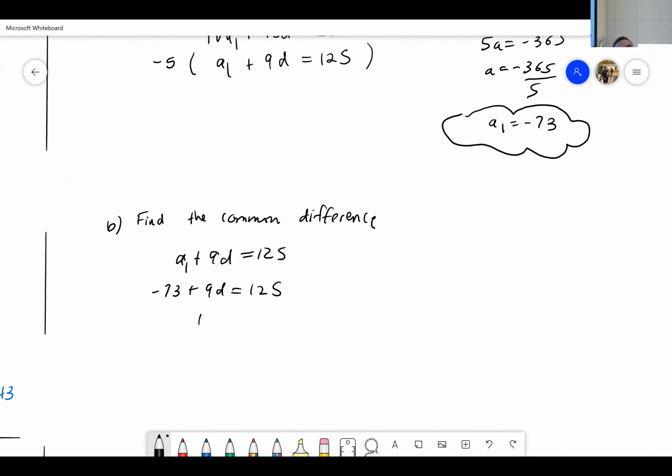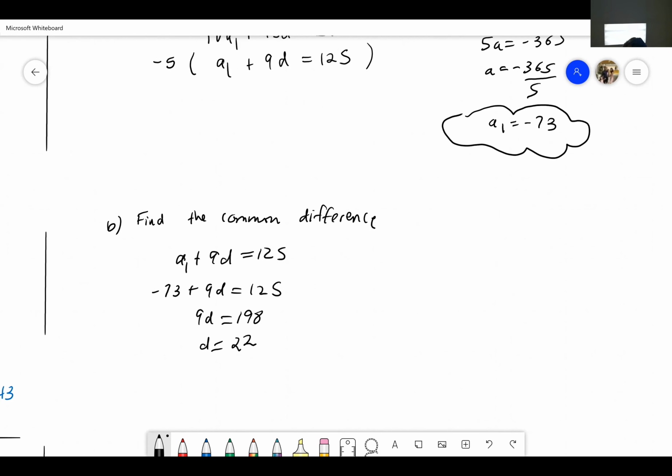I take 125 and add 73, which is 198. Then I take 198 and divide by 9, and I get 22. So the common difference is a positive 22. That's it.